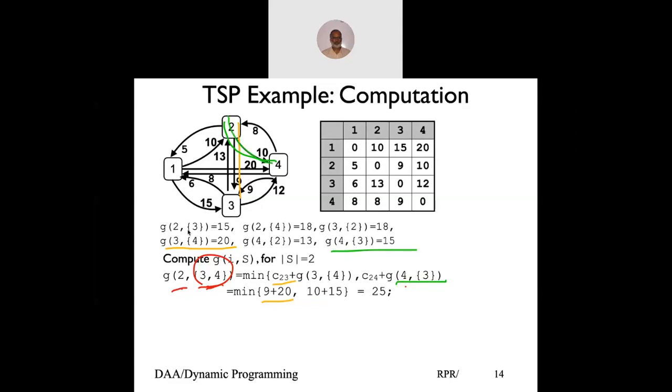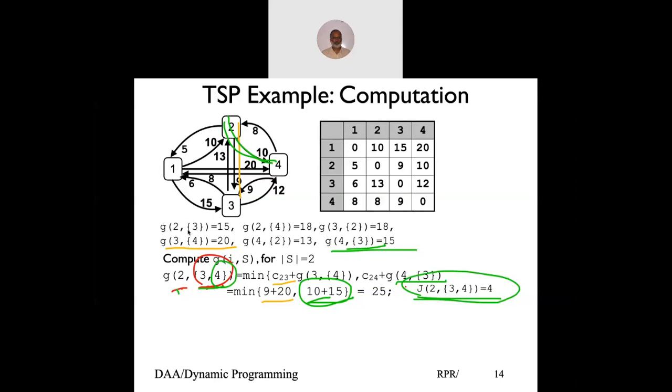C24 is 10, and G(4, {3}) is 15, so that is 10 plus 15, 25. The minimum of 9 plus 20, which is 29, and 25 is 25. This gives the minimum. Now from this vertex 2, I'm using set {3, 4}. That means my minimum is given by using vertex 4 and not vertex 3. So my value of J(2, {3, 4}) is 4, because the minimum is given by using vertex 4.